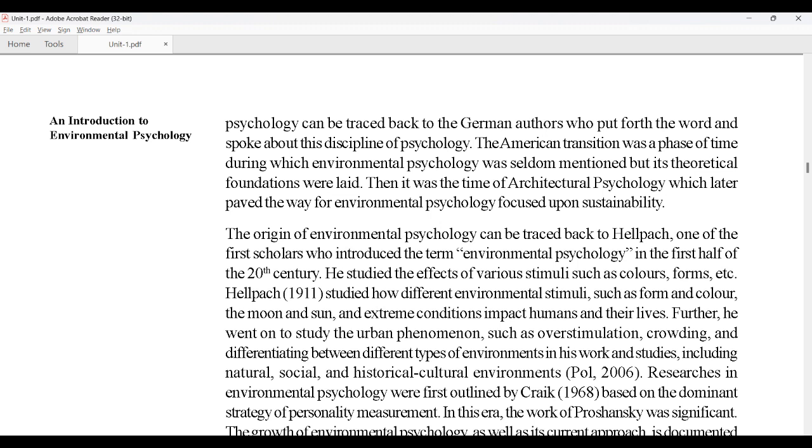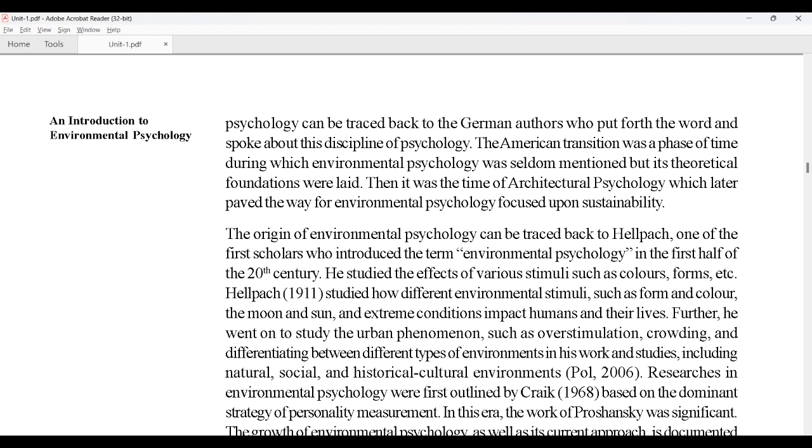The origin of environmental psychology can be traced back to Hellpach, one of the first scholars who introduced the term environmental psychology in the first half of the 20th century. He studied the effects of various stimuli such as colors, forms, etc. Hellpach studied how different environmental stimuli, such as form and color, the moon and sun, and extreme conditions impact humans and their lives.